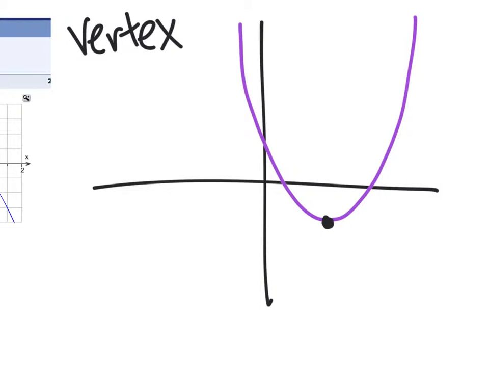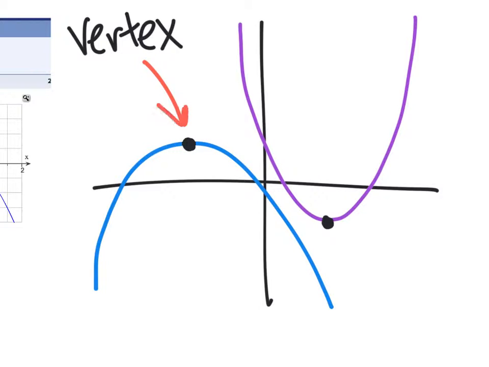If it happens to be a frowny face parabola, then the vertex would be the absolute maximum of that parabola. So these are your vertices, or vertexes. The vertex is your maximum or your minimum, depending on if you have a frowny face or a smiley face.